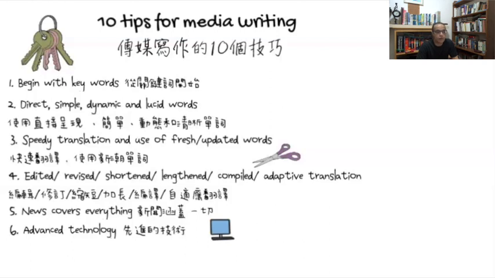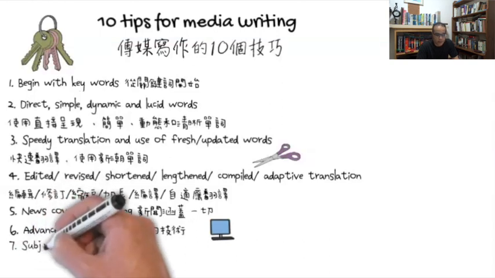So you need to know something about electronics, and you know how to use electronics, how to go online and use the internet, and you should be familiar with all this new technology.